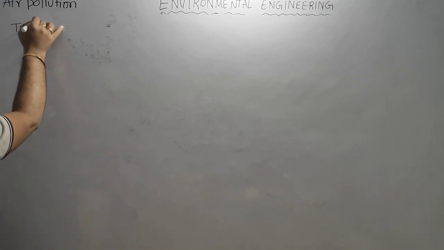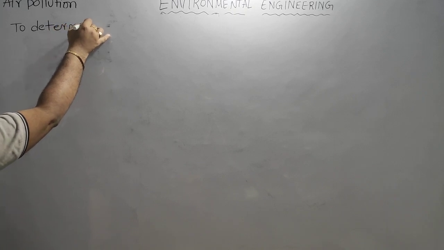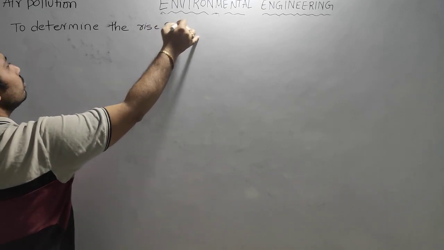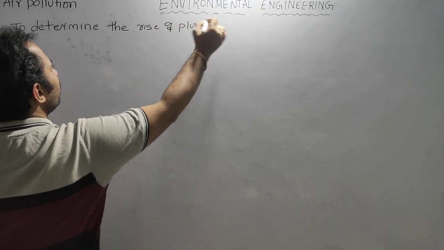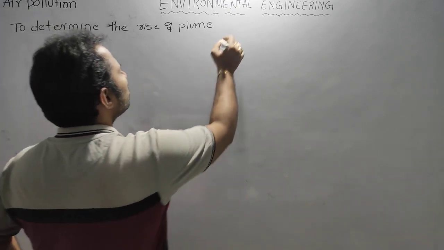If you know the plume rise delta H, we can decide the height of the stack. We use the Holland formula to determine the rise of the plume.